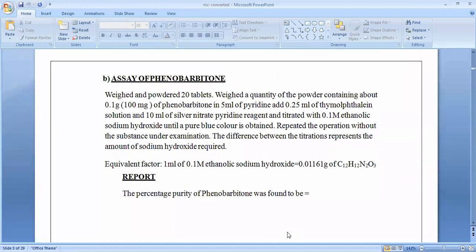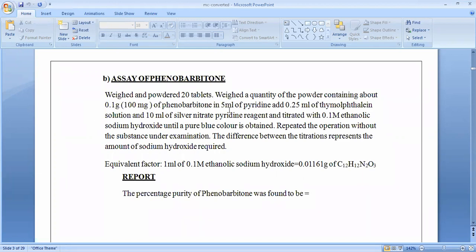Now the main aim of the experiment is the assay of phenobarbital. How are we going to proceed? We weigh and powder 20 tablets, taken randomly, and take a quantity of the powder containing about 100 milligram of phenobarbital.